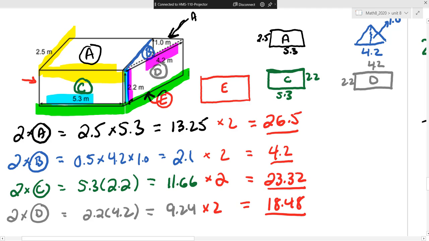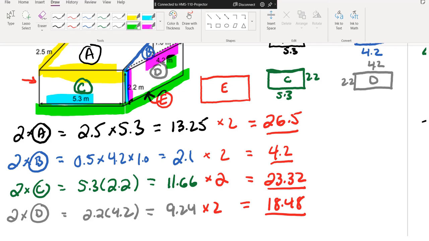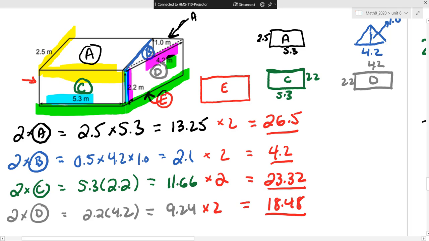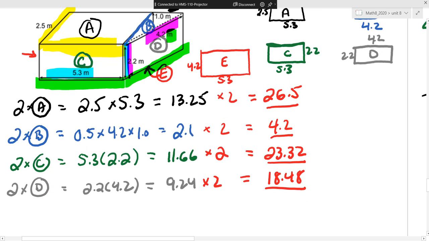So up here, it says 4.2. So that is 4.2. So we have 5.3 and 4.2.